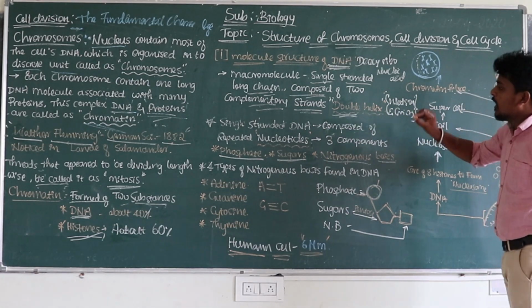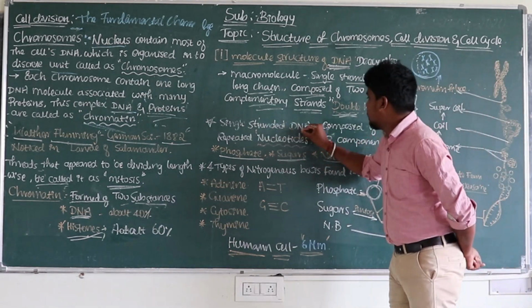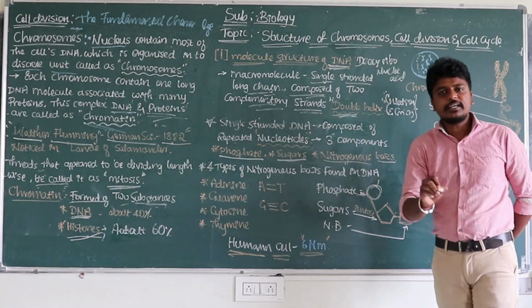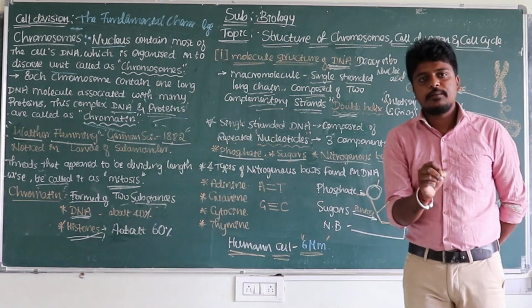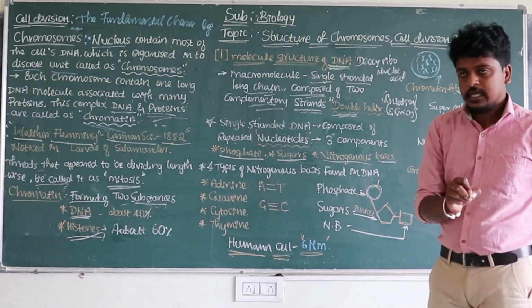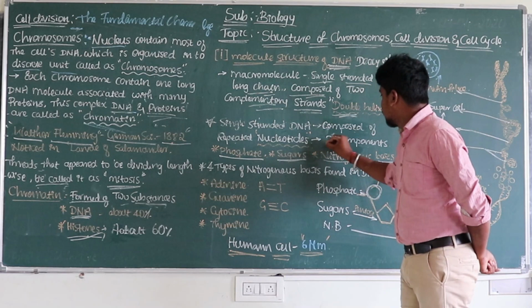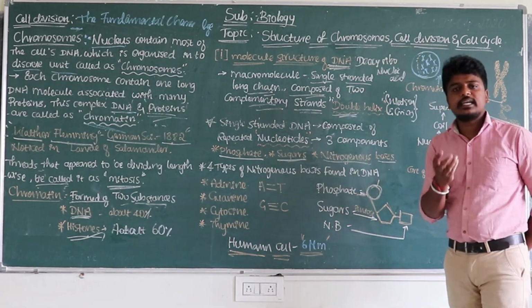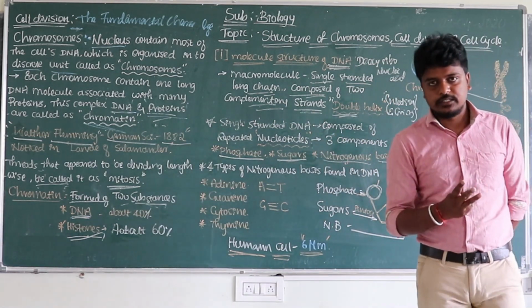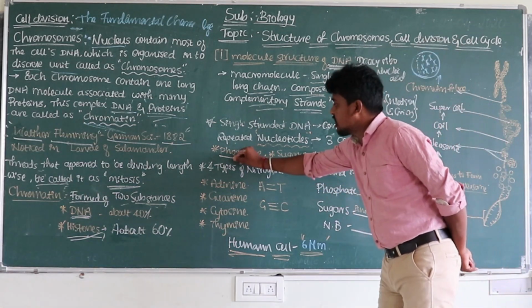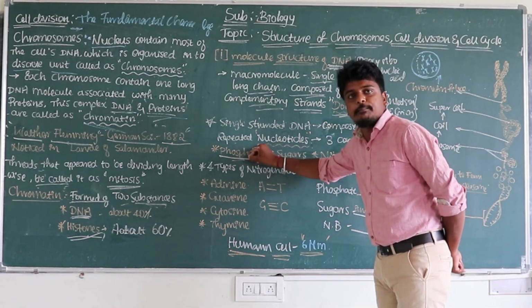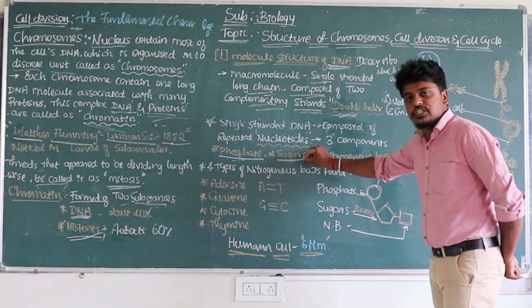Have you understood? Here, the single-stranded DNA is composed of a repeated number of nucleotides. The nucleotides are made up of three different types of components. Which are those? The first group, the phosphate. The second, sugars.